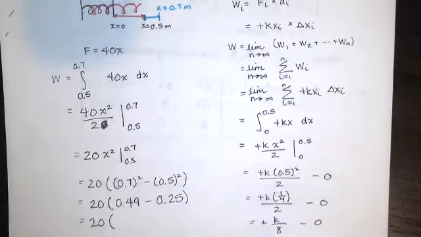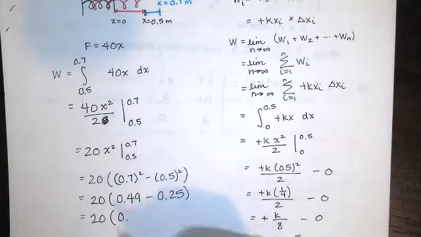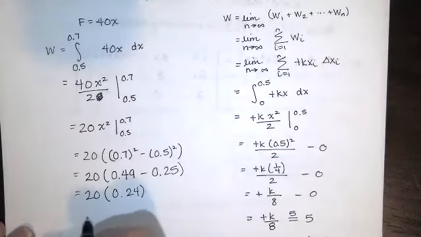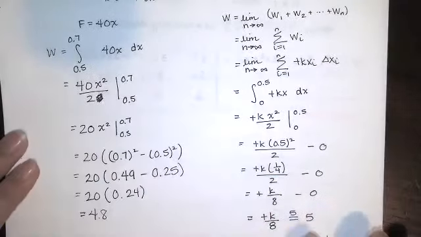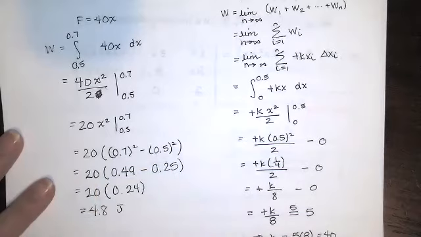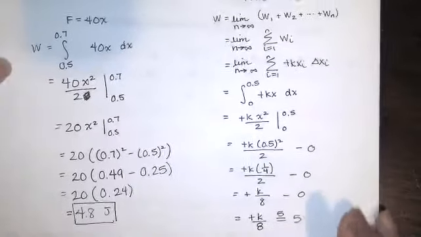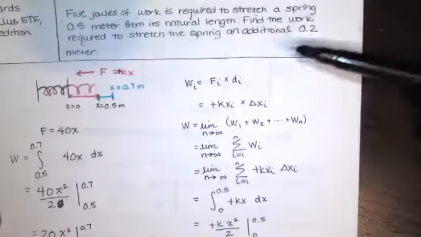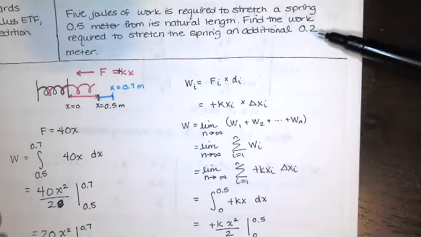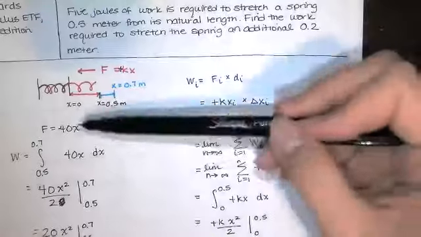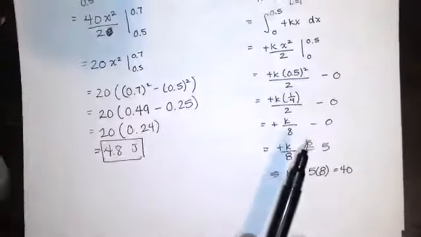So that's 20 times 0.24. And if we multiply by 20, that's going to give us 4.8. And we were measuring work in joules over here, so this is going to be work in joules as well. So I think that answers the question. The question said, find the work required to stretch the spring an additional 0.2 meter, and we're going from 0.5 to 0.7, and so that's that. It gives us the right answer.